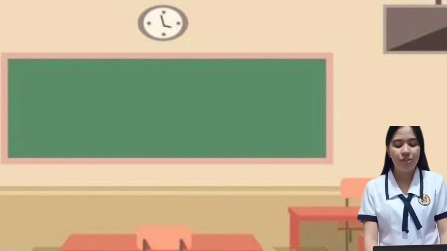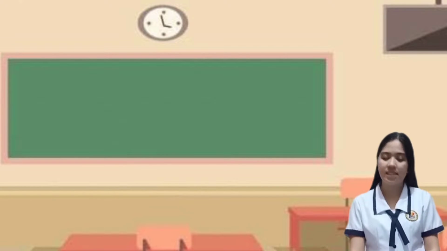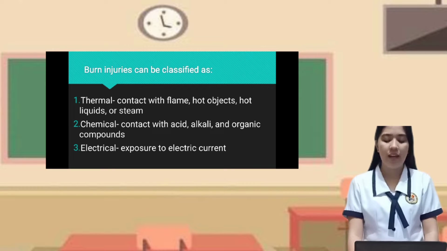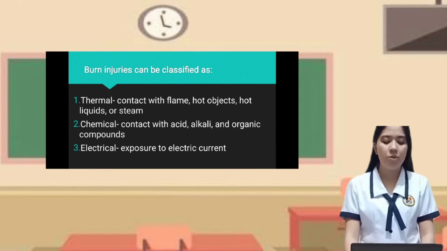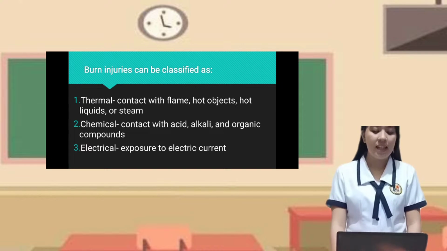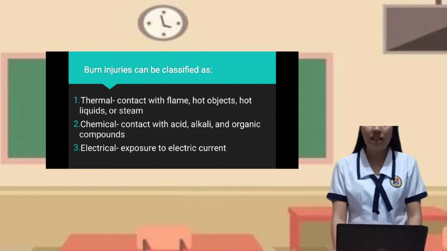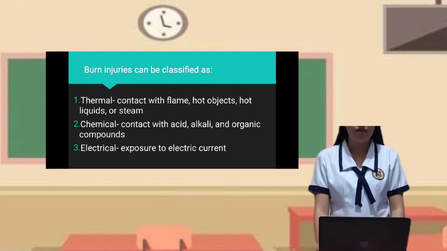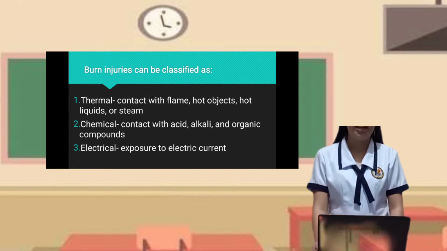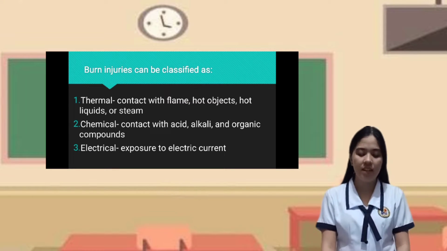So burn injuries can be classified as number 1, thermal: contact with flame, hot objects, hot liquids, or steam. Number 2, chemical: contact with acid, alkali, and organic compounds. Number 3, electrical: exposure to electric current.